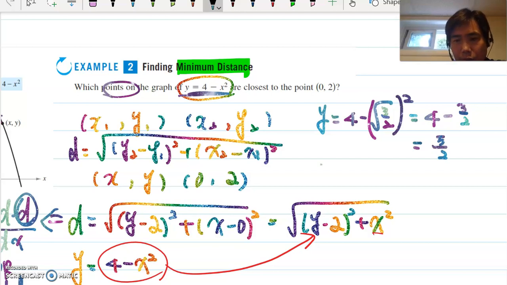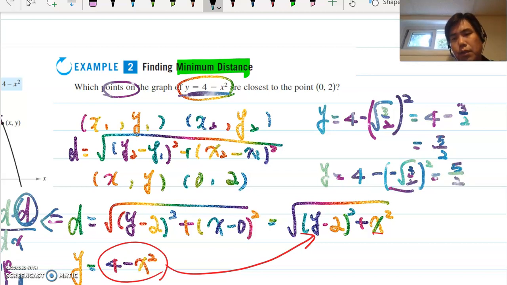And the other one, y equals 4 minus negative root 3 over 2 squared. That is also 5 over 2 as well, because this value is the same as this one anyway.